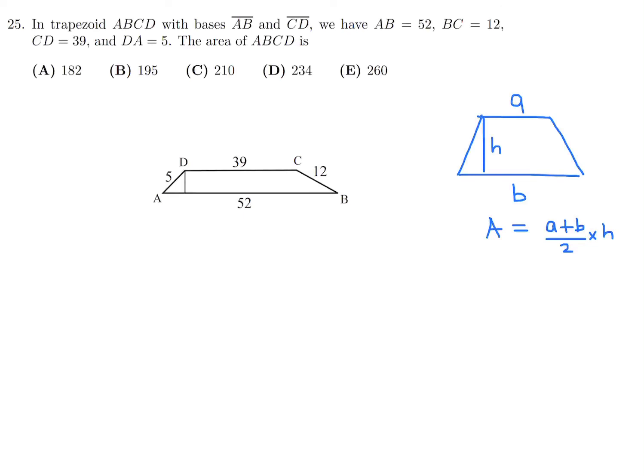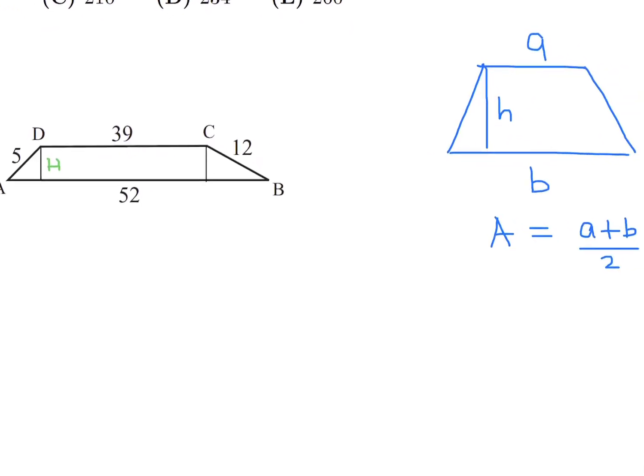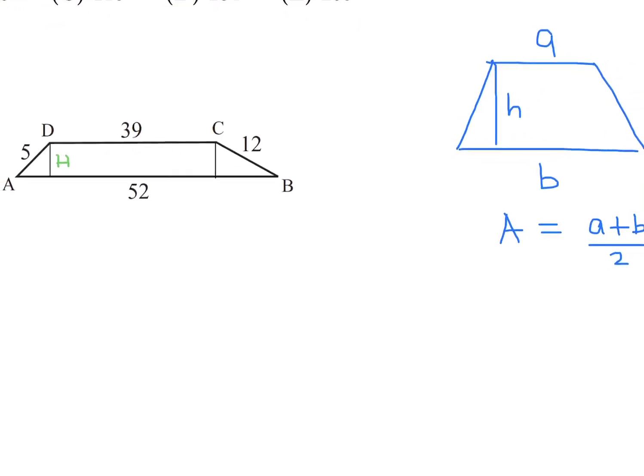So I'll draw two perpendiculars like that, and those perpendiculars, of course, represent the height, h. And I think, well, let's make this a little bit bigger here. Yeah, like that. And then this part here, from here to here, is 39, right? Because it's the exact same as the top.